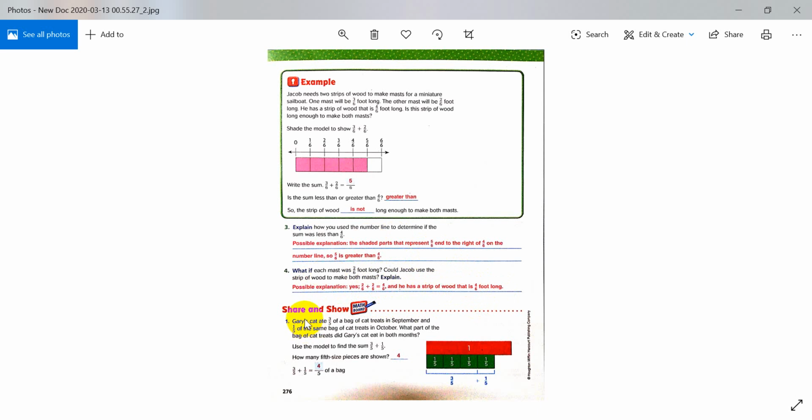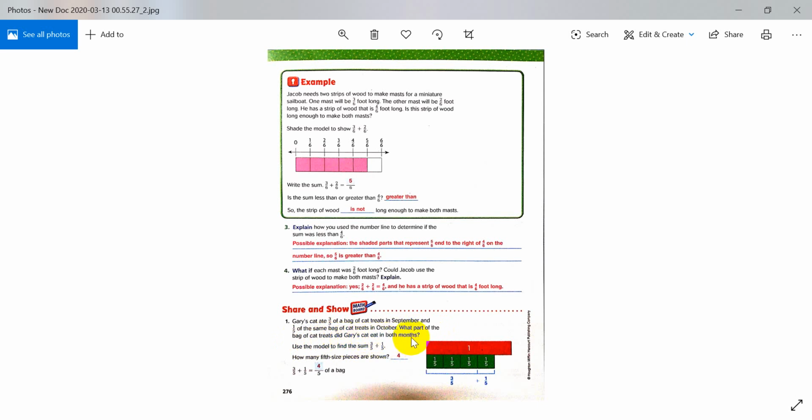Share and show. Here you and me will try to solve 3 or 4 examples again to understand your lesson well. Okay, Gray's cat ate 3/5 of a bag of cat treats in September and 1/5 of the same bag of cat treats in October. What part of the bag of cat treats did Gray's cat eat in both months?